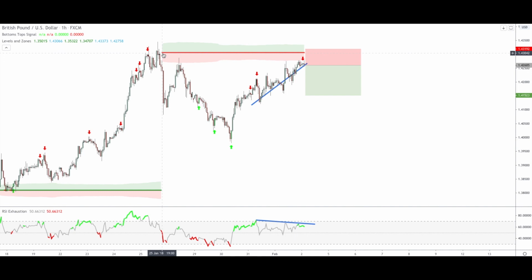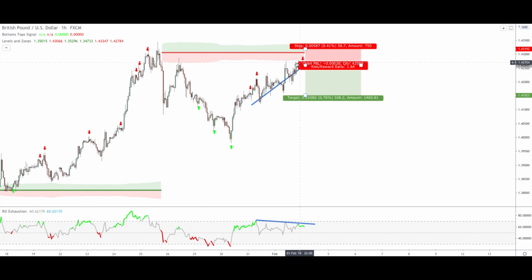But as you can see, it later happened that it was tested once. Not that it touches the resistance, but this is a clear signal that there is a resistance that is pushing the price down.